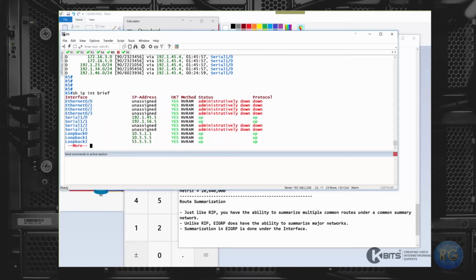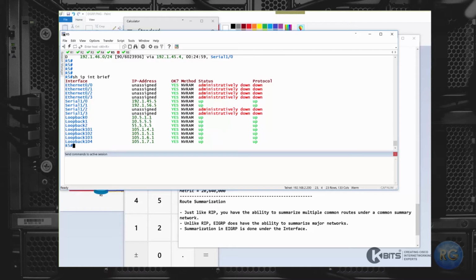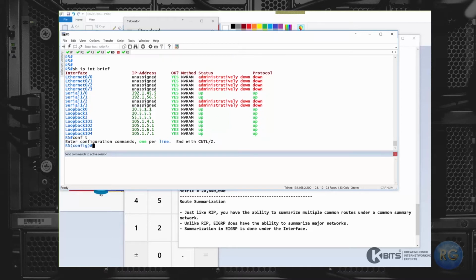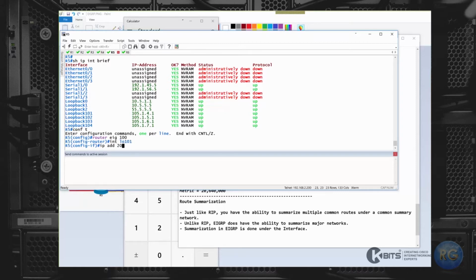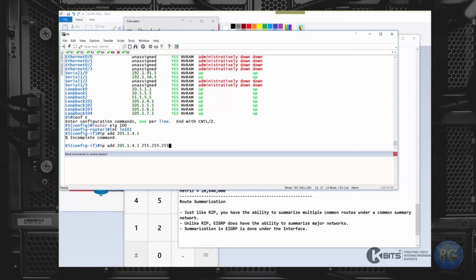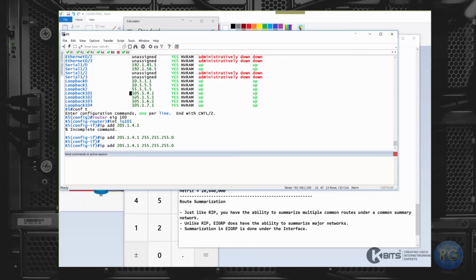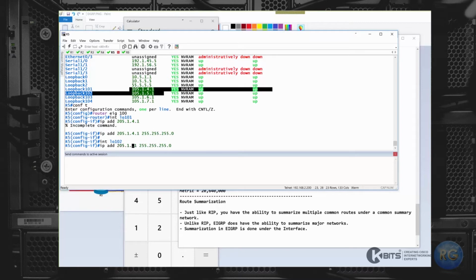I want to change the 105 to 205. So interface loopback 101. I want to change that to 205.1.4.1. What does that, guys, make this? Before it was a subnet. Now what is it? It is a major network.